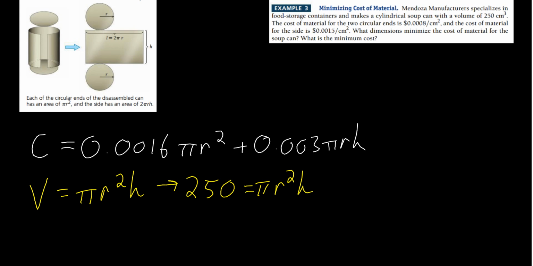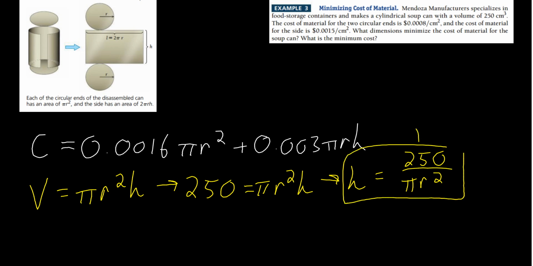Now if we solve it for h, we end up with h is equal to 250 divided by pi r squared. And hopefully you see what I'm trying to do here. Now I can take this h, substitute it in for this h, and now my equation has nothing but r's as a variable. So let's go ahead and rewrite that now.